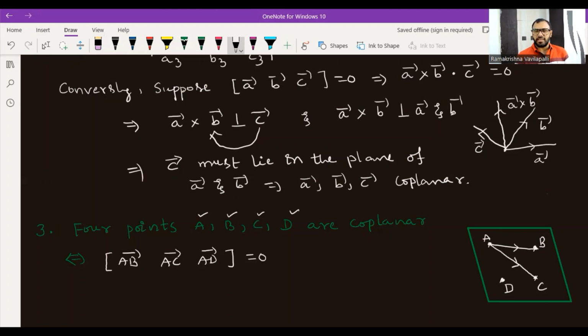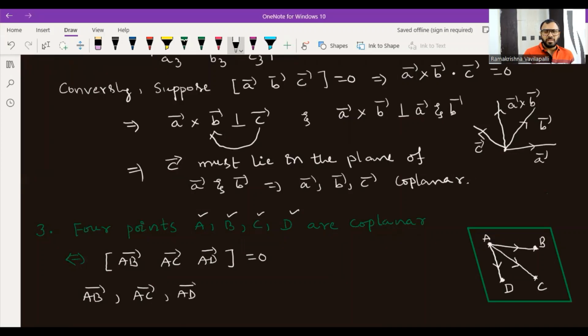And join A with D. Another vector we got. So how many vectors are there in the plane? 3 vectors are there. So 4 points, nothing but 3 vectors. So now you see AB bar, AC bar, AD bar. Order is not at all necessary.